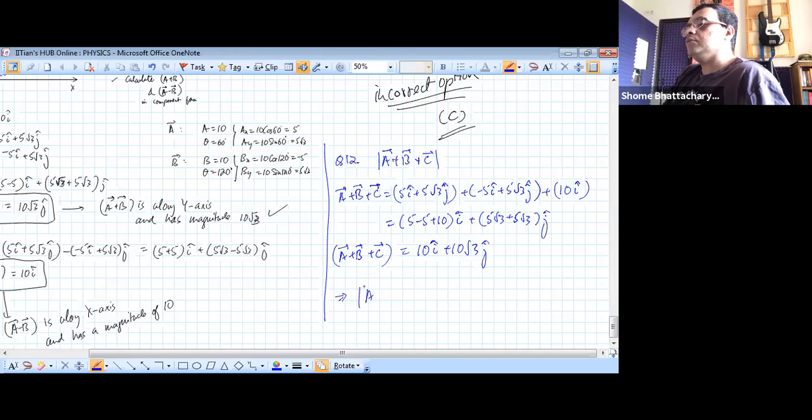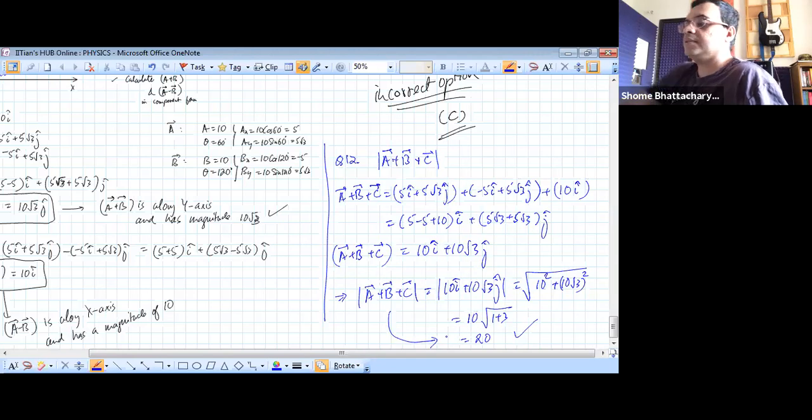So therefore its magnitude is the magnitude of 10 i cap plus 10 root 3 j cap. So that is square root of 10 square plus 10 root 3 whole square, from which if you take 10 common, that's becoming 20. So that is your magnitude of A plus B plus C.